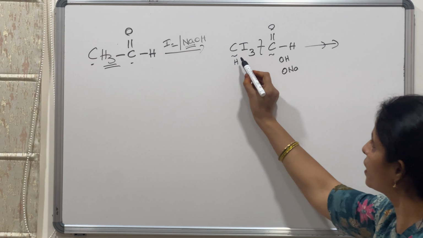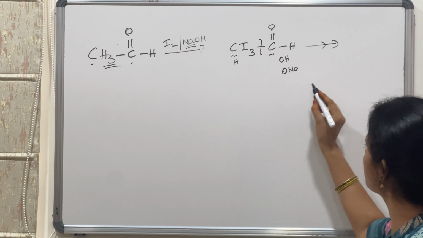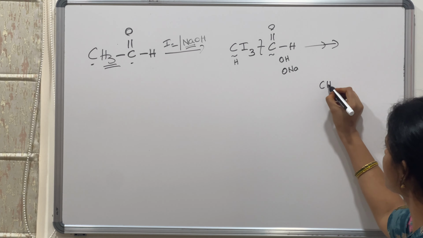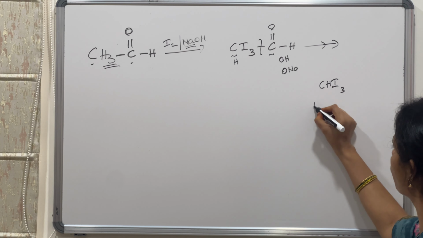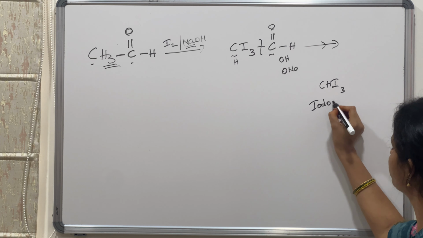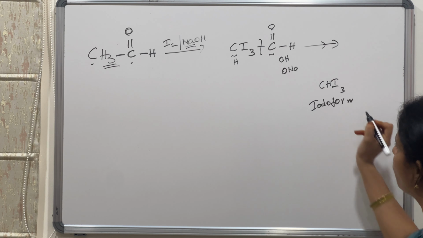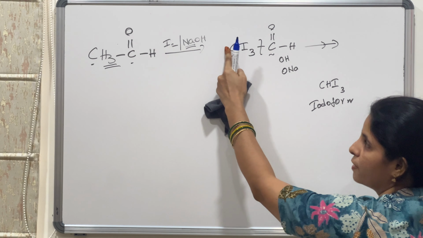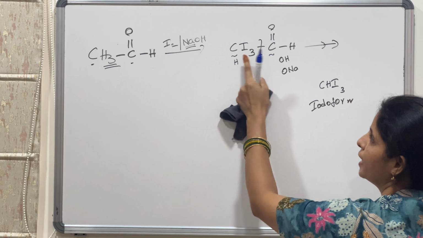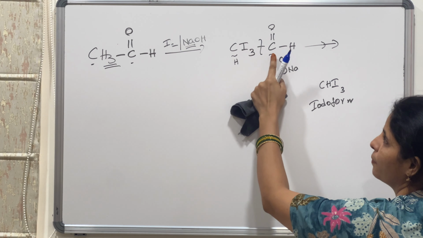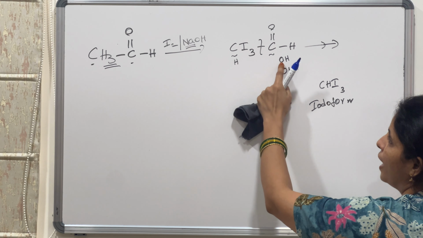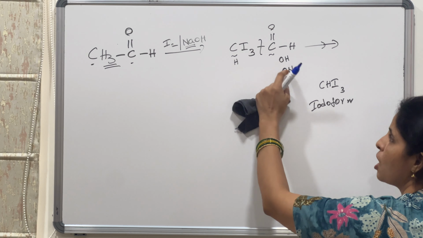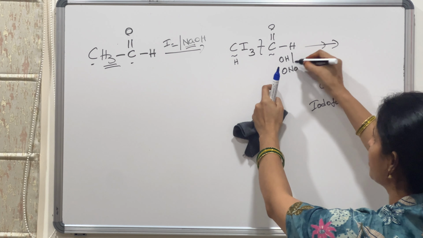So a sodium salt of carboxylic acid you will get. So write down the product. Here you are adding hydrogen, so this will become CHI3, here is your iodoform. You attach this hydrogen to the carbon itself. Here you are breaking the bond between this carbon and this carbon, so you attach OH or ONa to this carbon only.